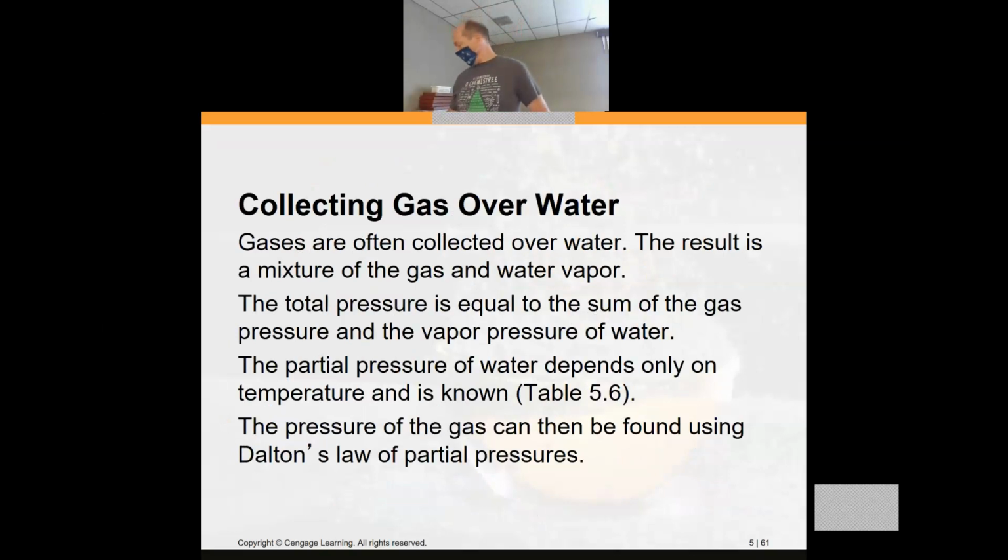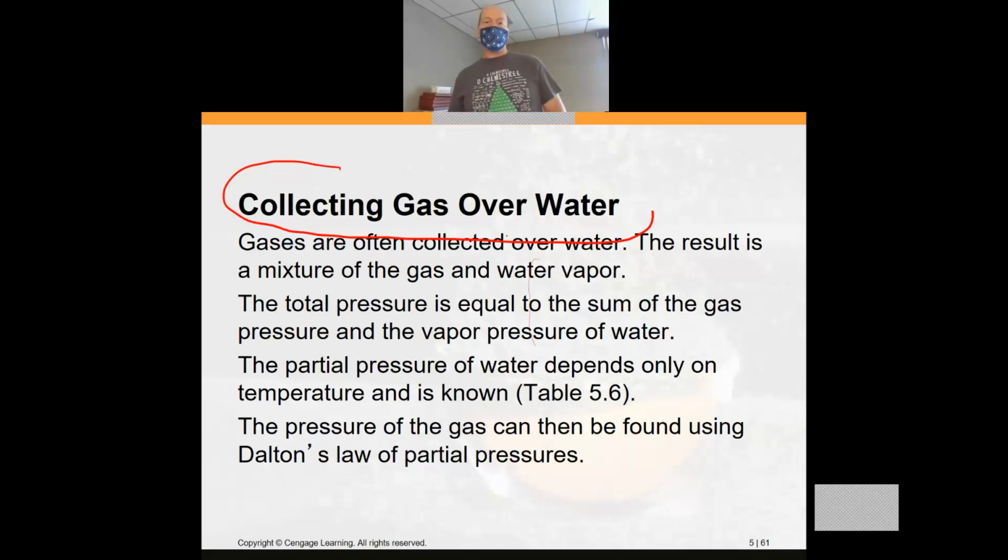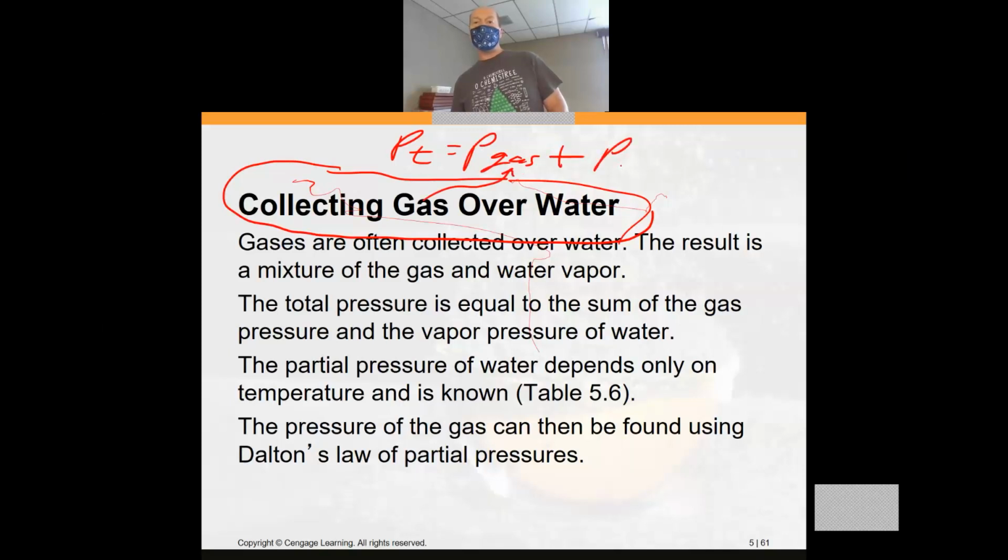So in lab, we are going to collect gases over water. When you see this phrase, collecting gas over water, you always have to use that the pressure total is equal to the pressure of the gas that you're collecting, plus the pressure of water vapor.